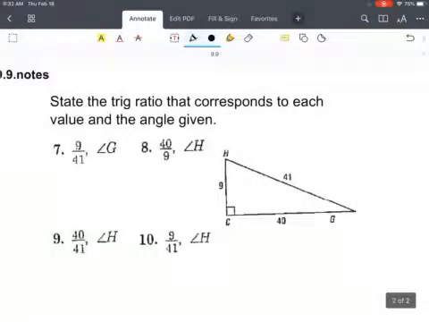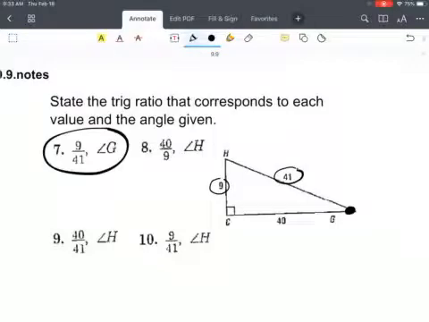For the next four, we're going to be given the ratio and the angle that we are looking at, and we need to recognize which trig ratio it represents. When I'm looking at angle G and 9 over 41, that is opposite over hypotenuse, so we are looking at the sine.